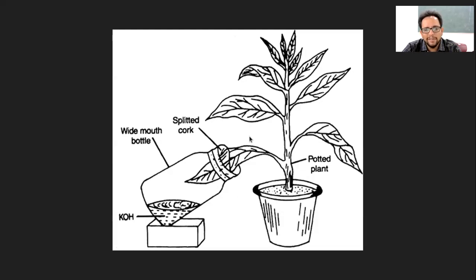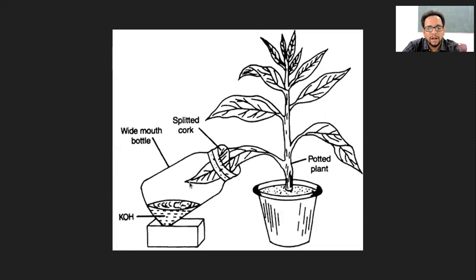What will happen is the part which is outside the flask will perform photosynthesis because it has exposure to air, ultimately to the carbon dioxide. The part of the leaf which is inside the flask will not have access to the carbon dioxide, because whatever is inside will already be reacting with the KOH, and the rest will be just air.